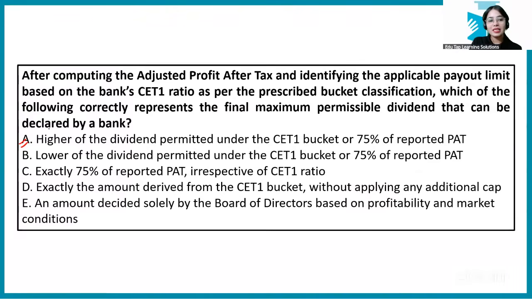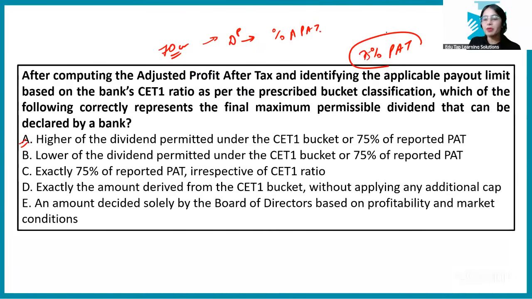Why not A? Because higher. Like I gave you the example also, 70 crore was the dividend payout as per the percentage of the adjusted profit after tax, while 75% of the PAT is the maximum that can be paid out. So out of these two, the lower is the dividend payout that happens. So the lower of, very good.